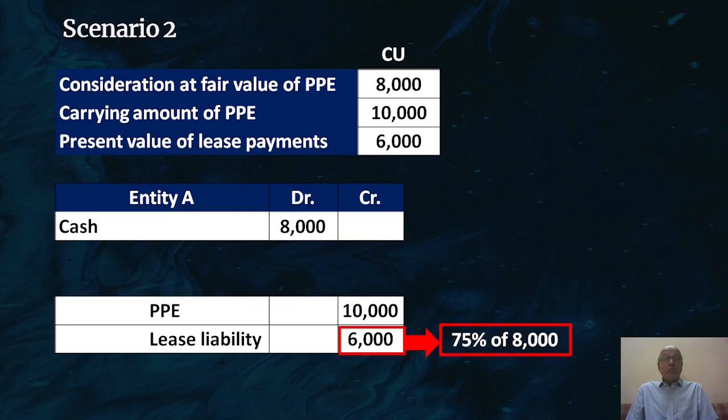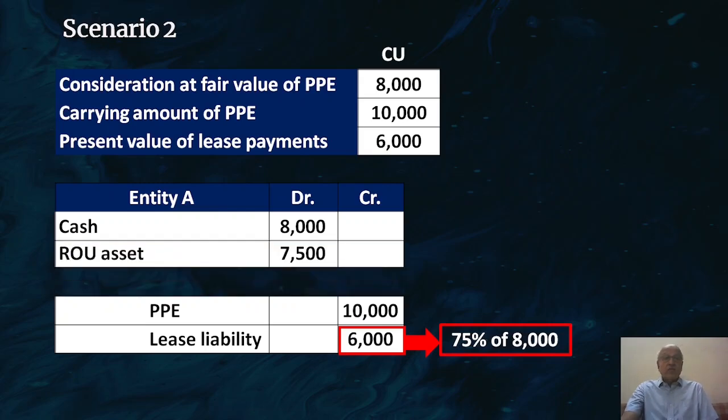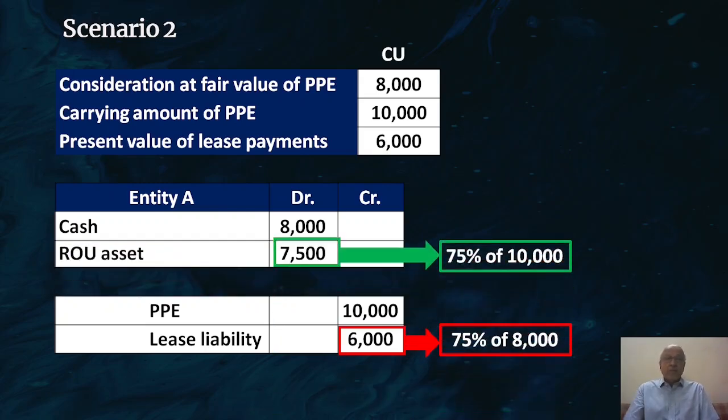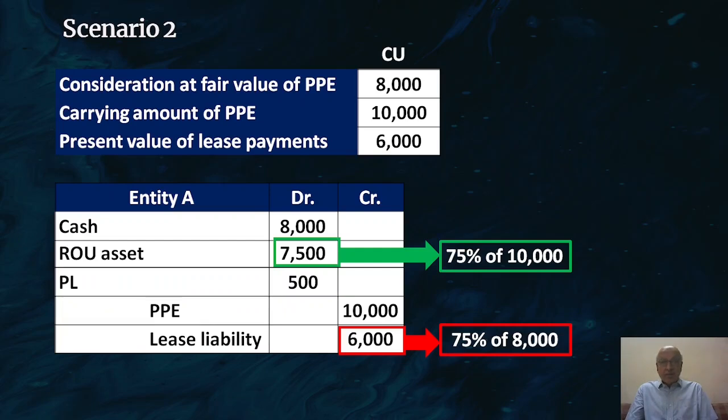So my right of use retained will also be 75% of 10,000 rupees. You see 7,500. This is 75% of 10,000. Balancing figure is the gain or loss on rights transferred. What is the balance? Balance, I repeat, loss on rights transferred.